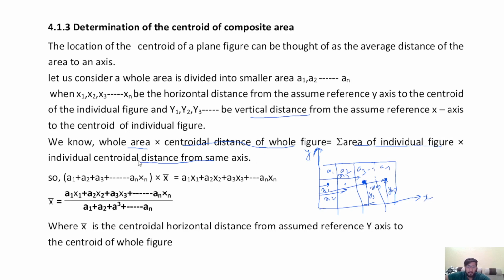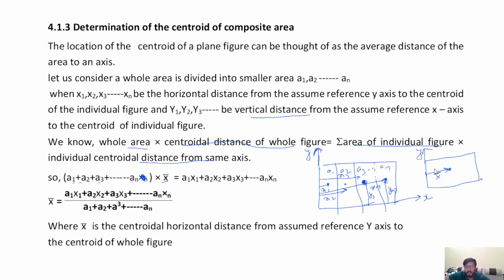So we have the whole area A equals A1 plus A2 plus A3 plus An, and the centroidal distance of the whole figure means x bar. X bar is the centroid of the whole figure, or centroidal distance of the whole figure from the reference y-axis.